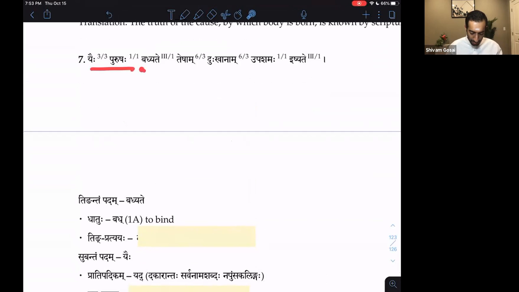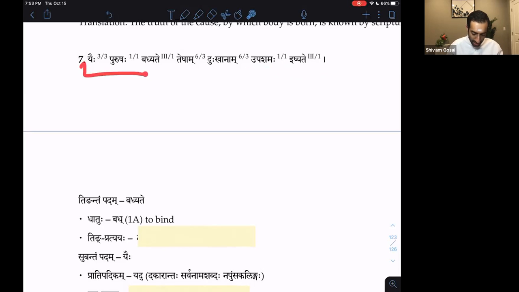Yaihi purushaha badhyate tesham dukkhanam upashamaha ishyate. Okay, these are longer sentences, much more complex sentences now that we have relative clauses and main clauses. So first thing we want to catch are yad and tad. Do you see them? Yeah, thumbs up. You see your yad and tad clause?